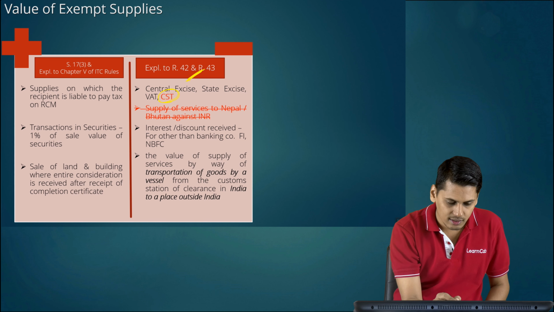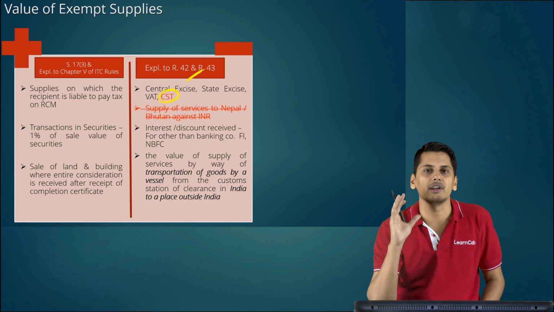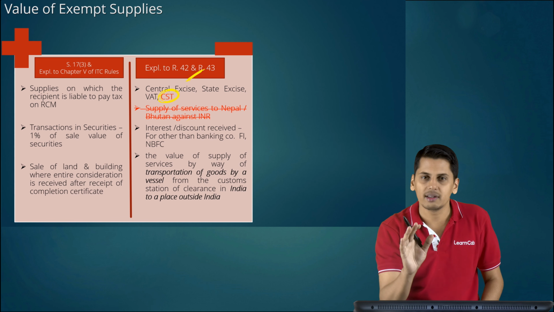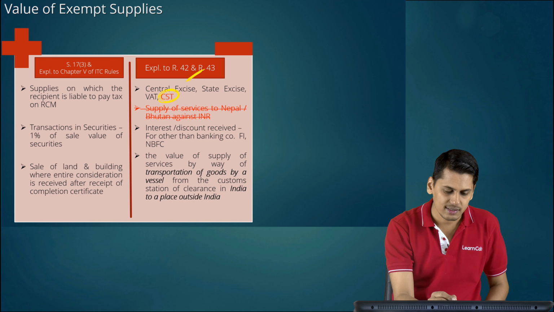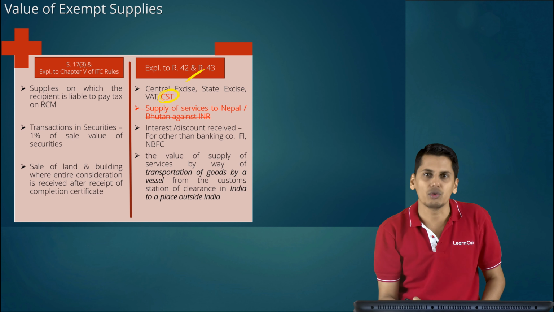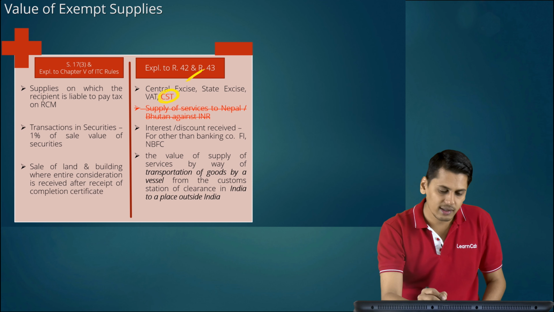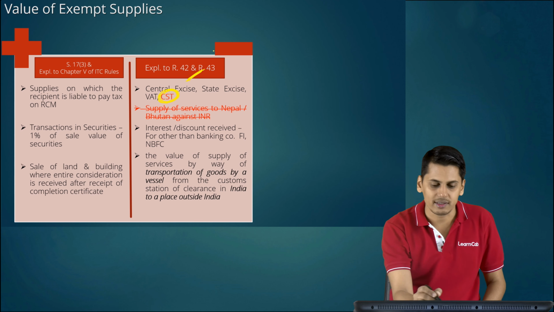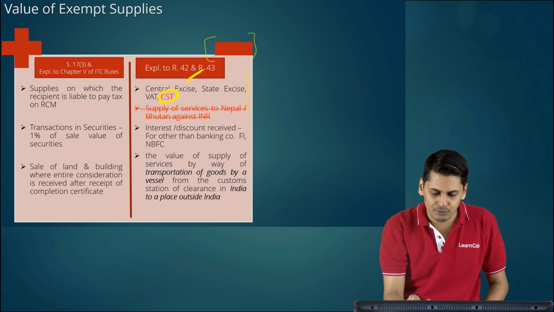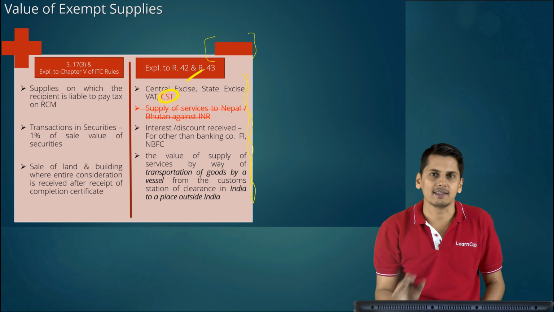CST was accidentally omitted to be mentioned in rule 42 and 43. I repeat again, prior to amendment, central excise, state excise and VAT was there. CST was accidentally omitted. Now, CST also has been included in explanation to rule 42 and 43, wherein it tells that these following things are excluded from the value of exempt supply.